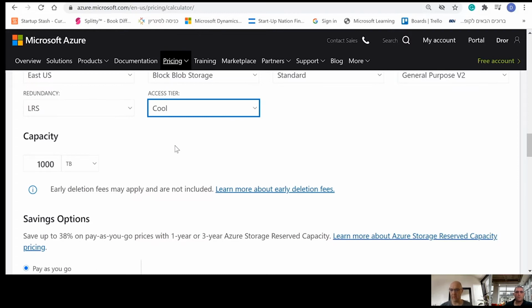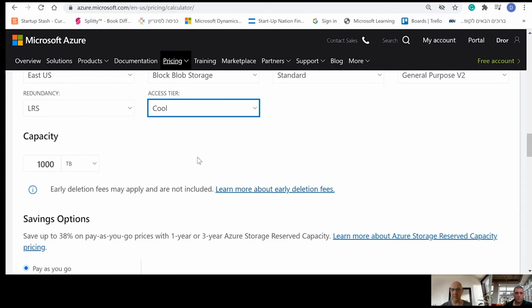What you do get is higher fees for extracting data, so you pay more for any action you perform on that storage account. But given that you choose cold storage, you assume that you're not going to do a lot of I/O operations on that storage, meaning that you're going to enjoy that saving.